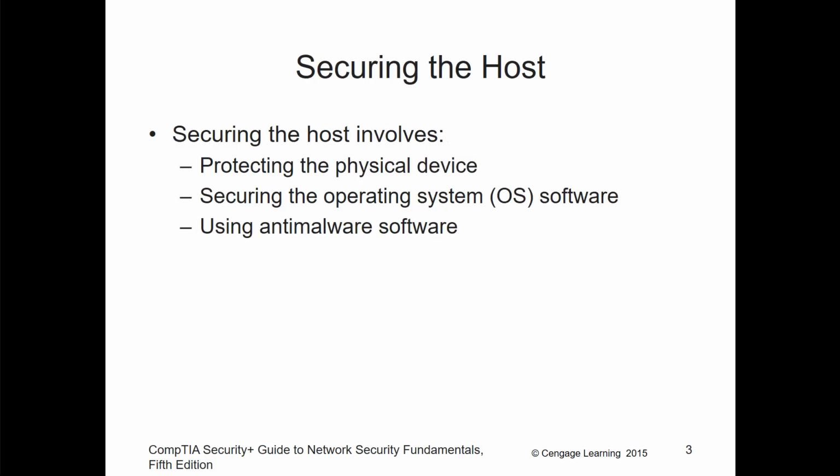So first of all, securing the host involves things like protecting the physical machine from theft, securing the operating system, and securing the applications on such system. And that could include things like using antivirus, antimalware, anti-adware, antispyware, just anti-malicious code in general. That's also things like keeping the machine up to date is a great example as well.